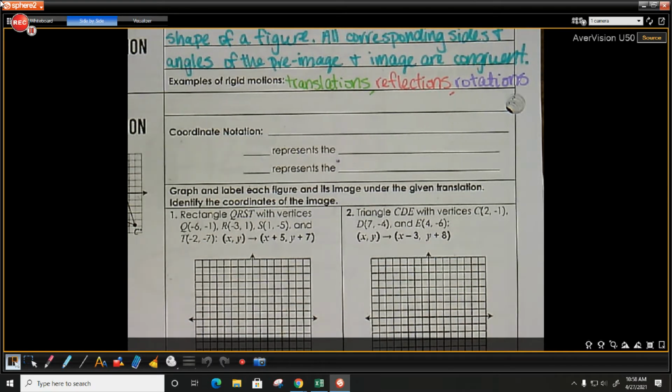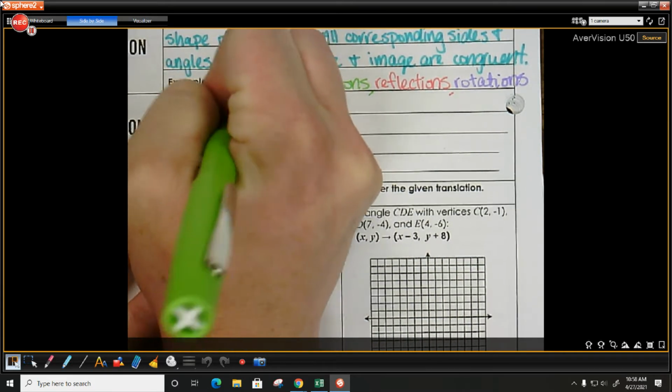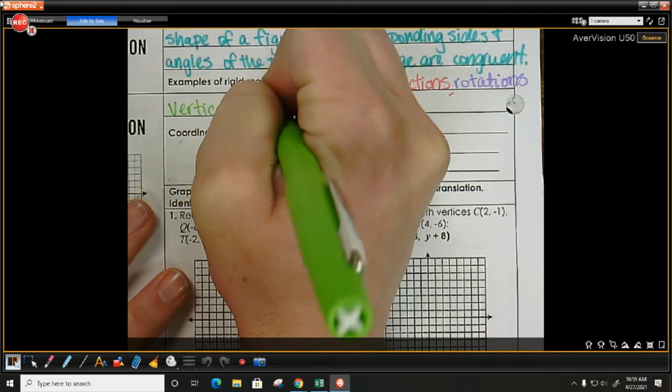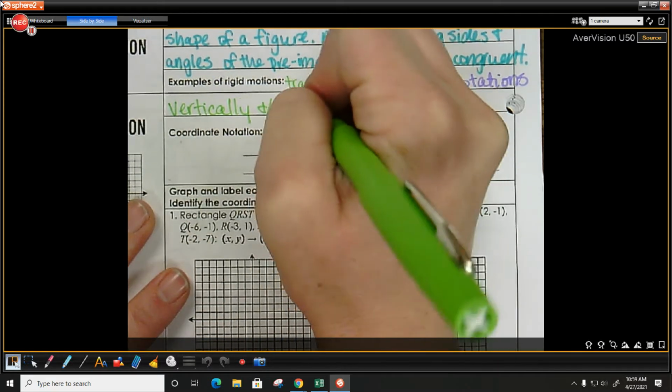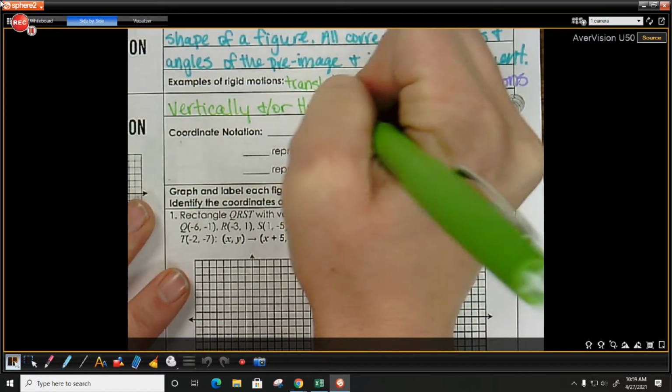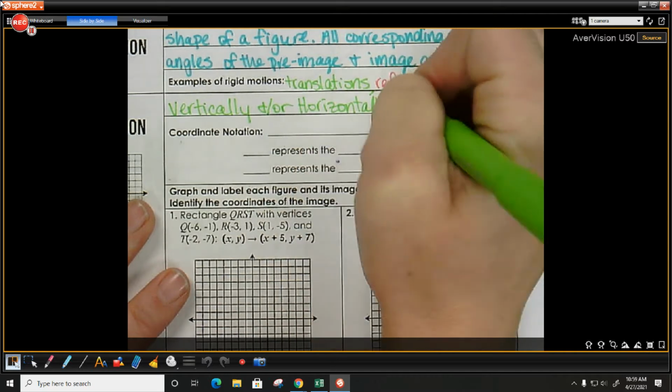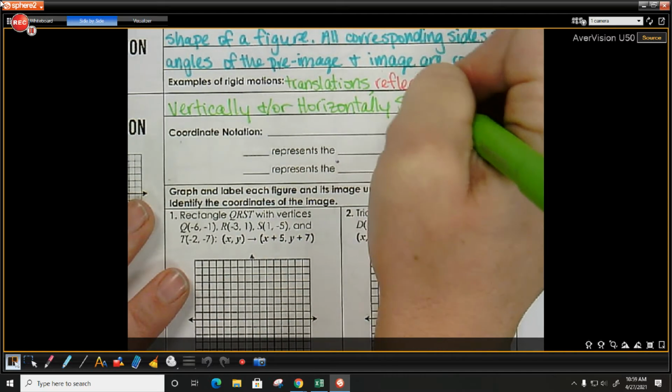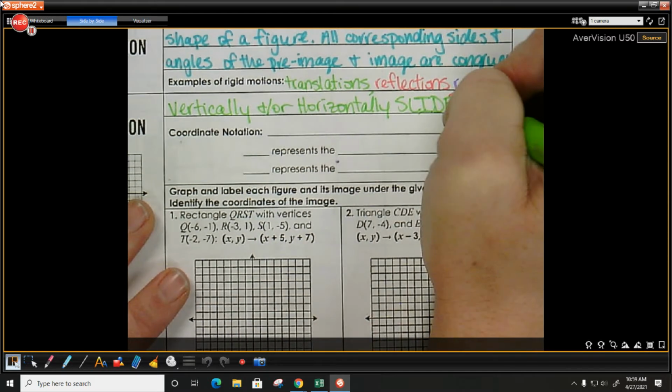A translation just means that you are going to vertically and or horizontally slide a figure.